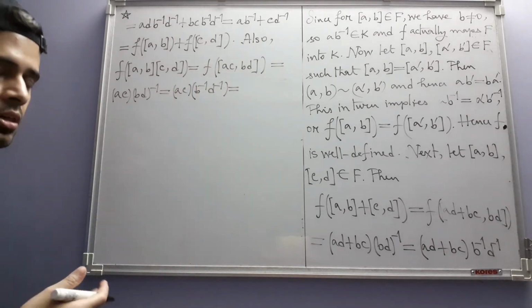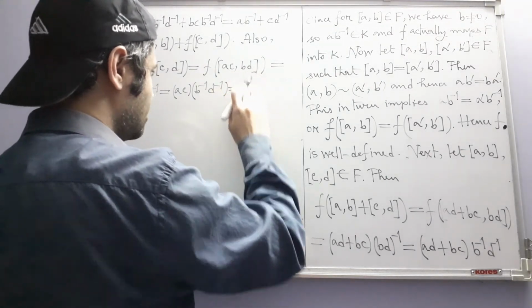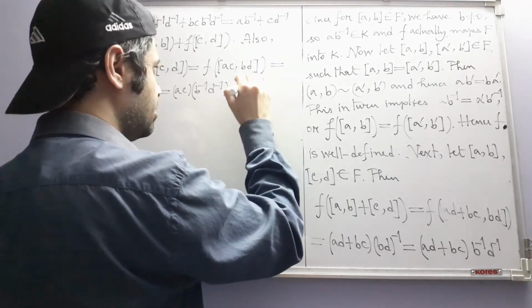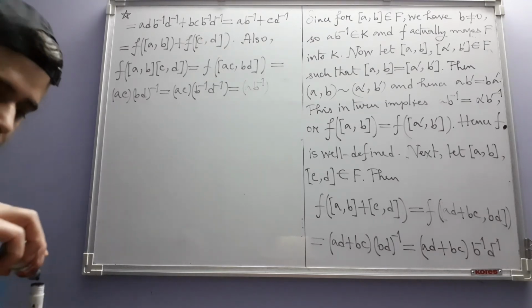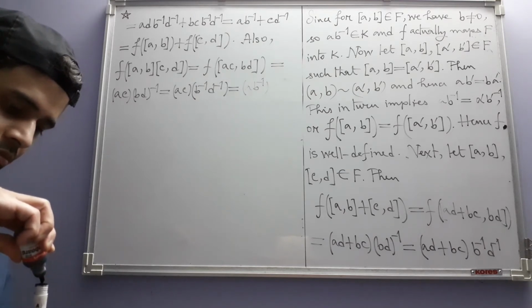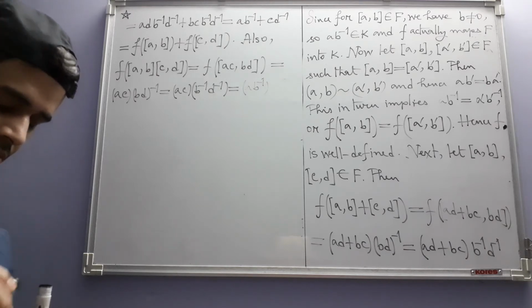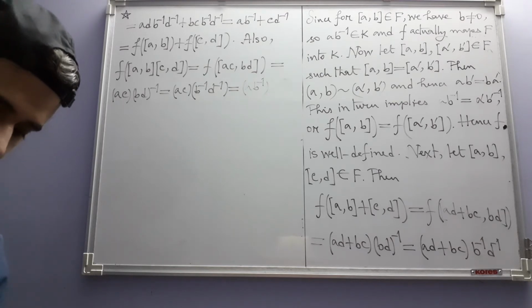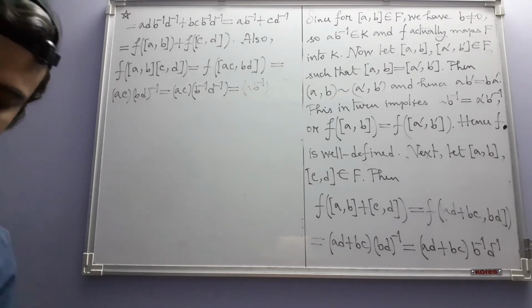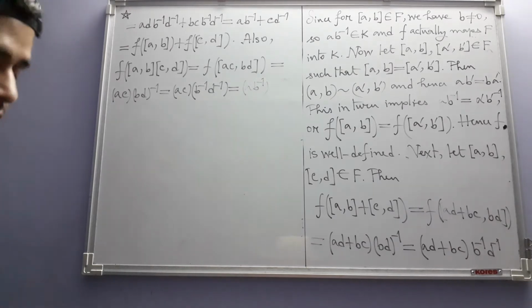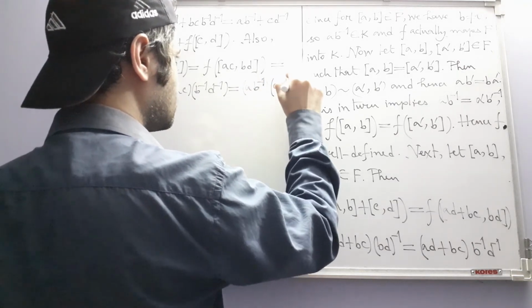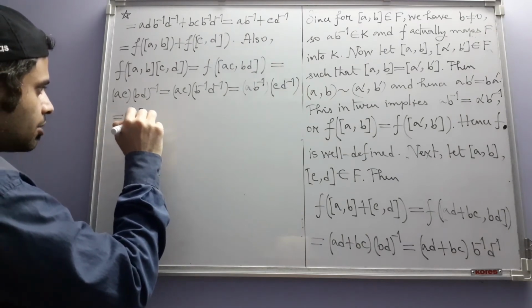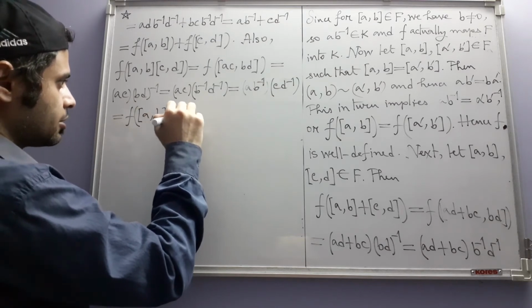Since we are in a field where multiplication is commutative and using associative law of multiplication as well, we can write it as ab inverse, cd inverse, and this is nothing but f of (a, b) times f of (c, d).